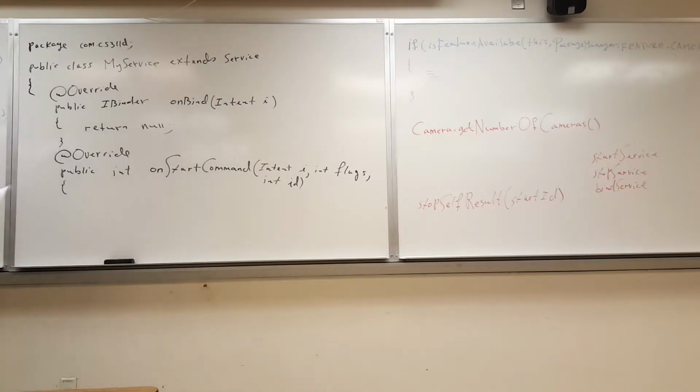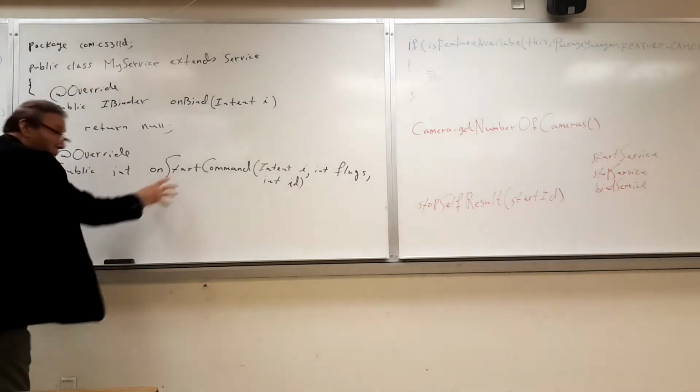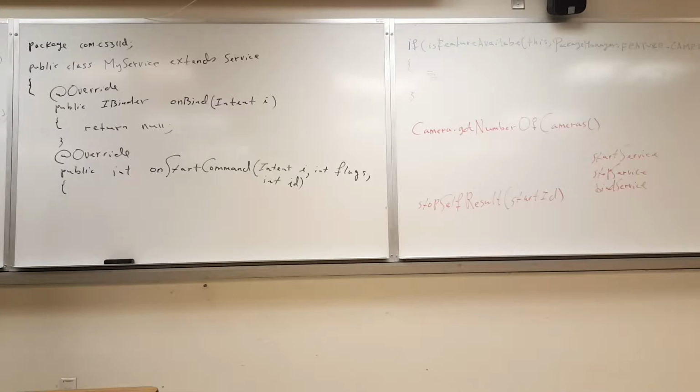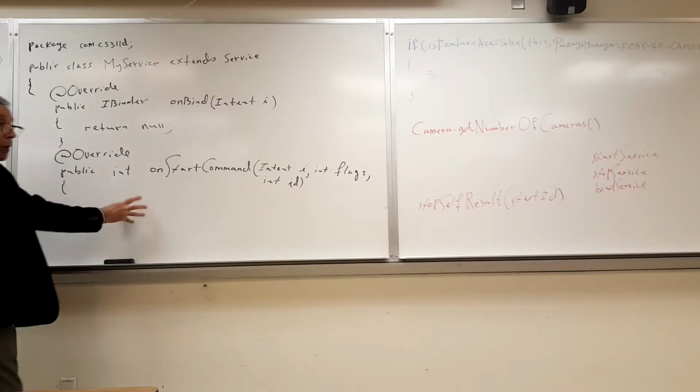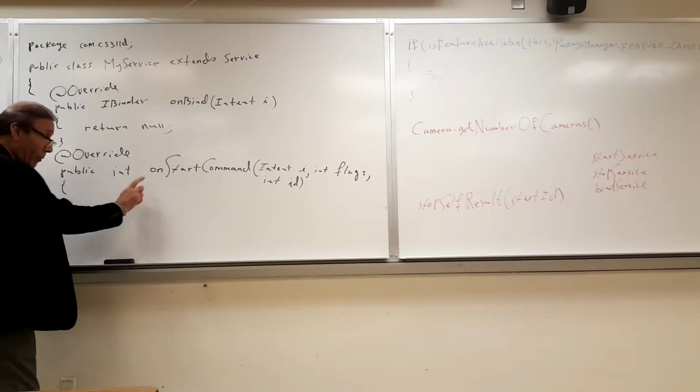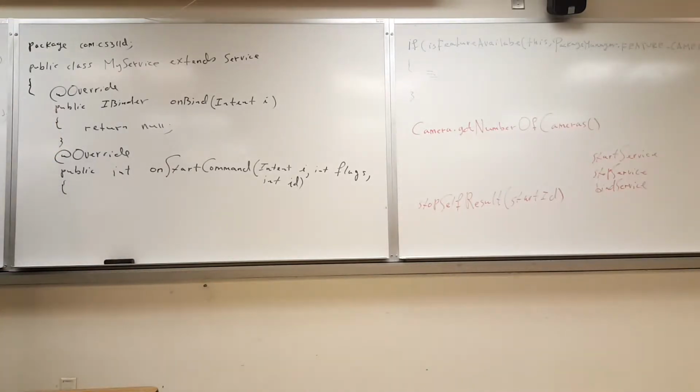Do you remember I said this method is taking care of the heart of your service. Whatever your service is supposed to do should be implemented here, right? onStartCommand. Okay? Now, in our example, it's just a toast. Doesn't do much.